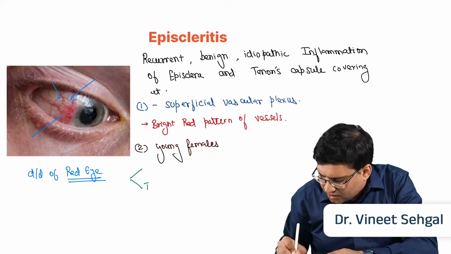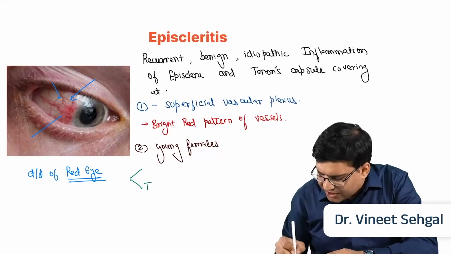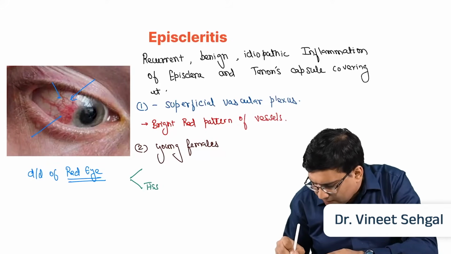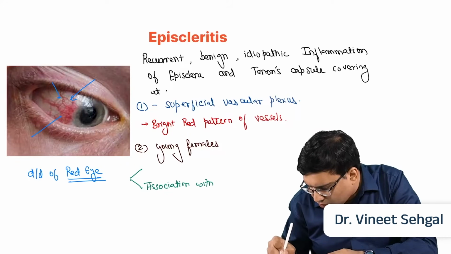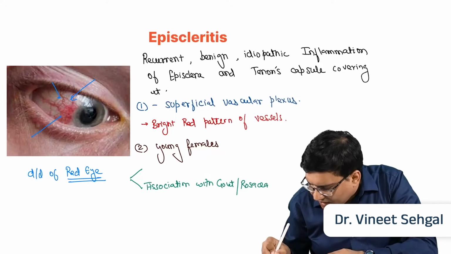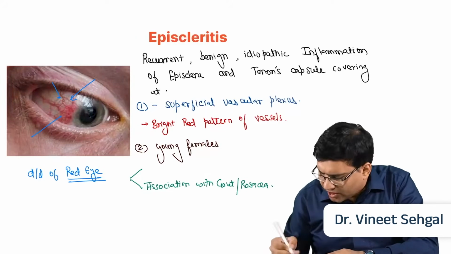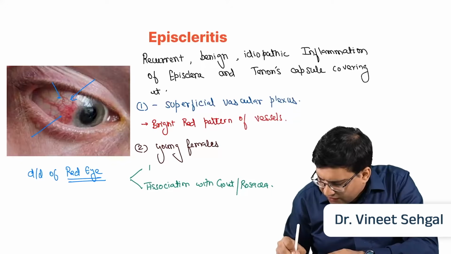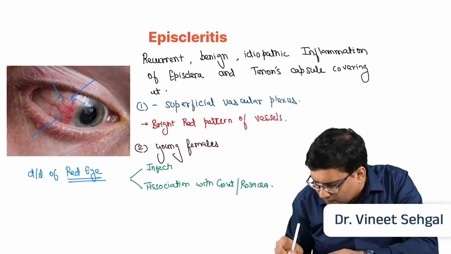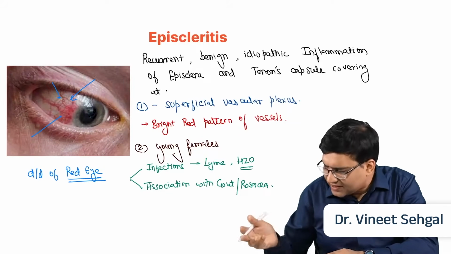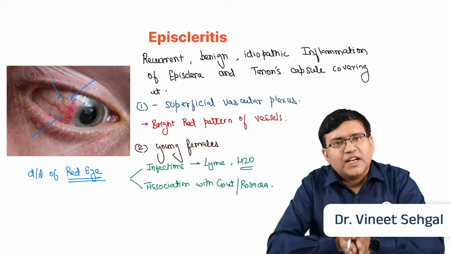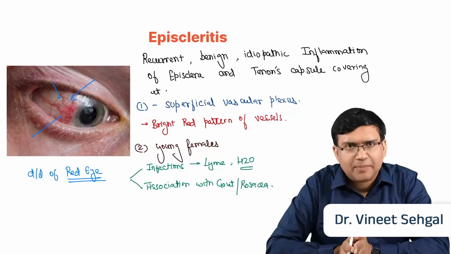Though it is idiopathic, many patients have an association with gout or rosacea or any autoimmune disorder, and even some infections like Lyme disease and herpes zoster ophthalmicus. These can also be correlating associations in patients of episcleritis.